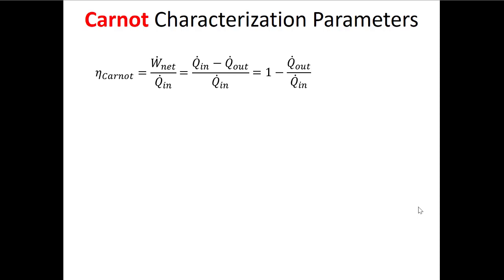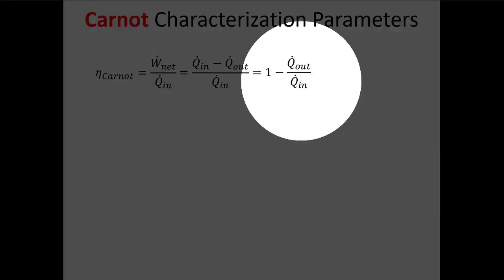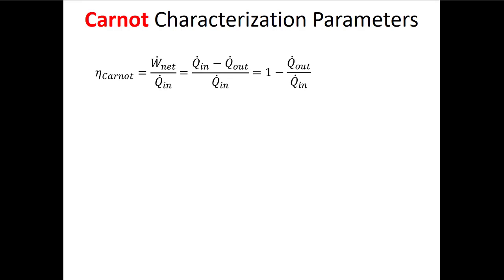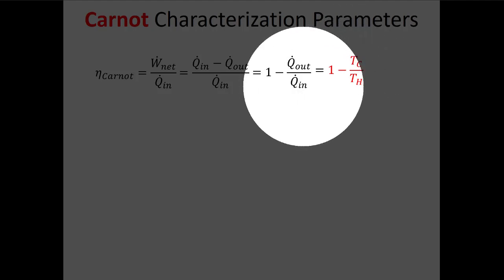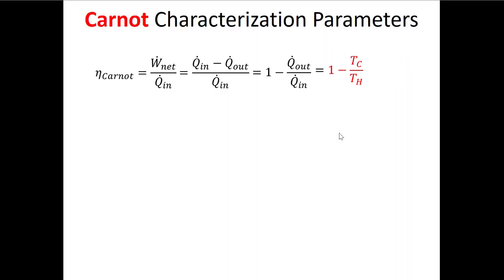So I can substitute this ratio of heat transfers for a ratio of temperatures if I'm talking about the ideal or Carnot efficiency. So here, my 1 minus Q out divided by Q in is 1 minus T cold divided by T hot. Because where I'm rejecting heat, I'm doing that to my cold reservoir, and where I'm adding heat, I'm doing that from my hot reservoir.